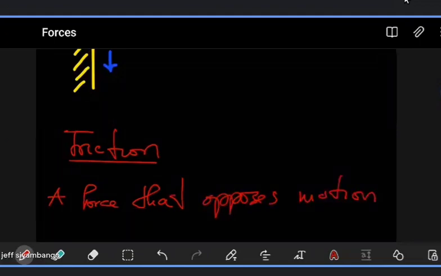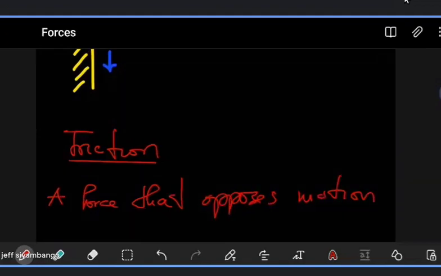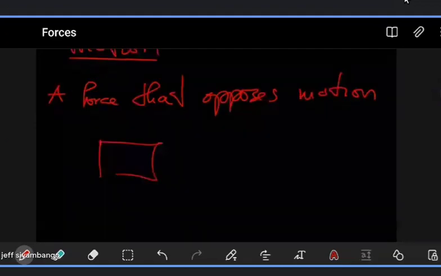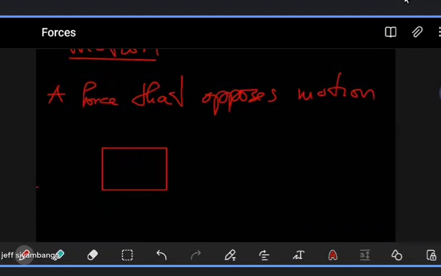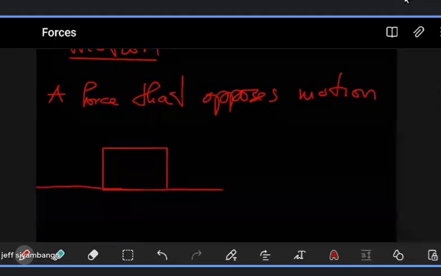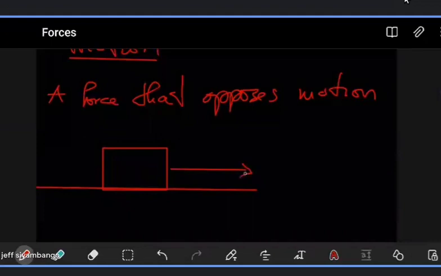So whenever you want to find where friction is pointing, ask yourself, where is the motion pointing? So if you have an object like this, and this object is on a surface like this, and the object is going forward, the motion is forward, then friction will be back.